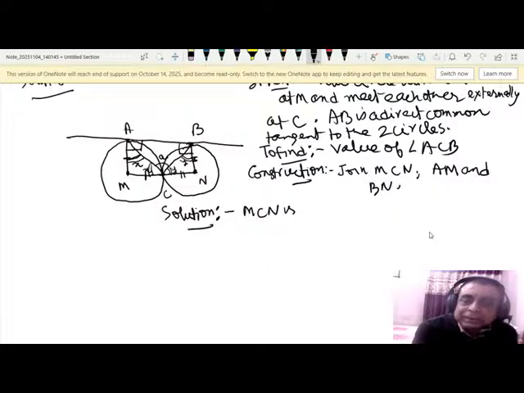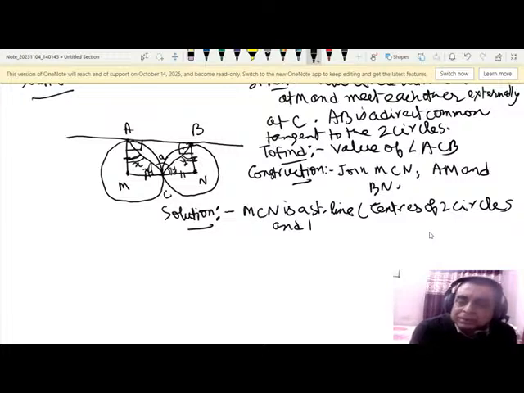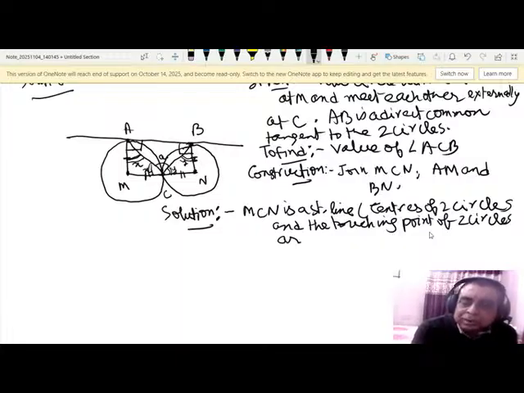MCN is a straight line. Reason: the centers of the two circles and the touching point of the two circles are in a straight line.